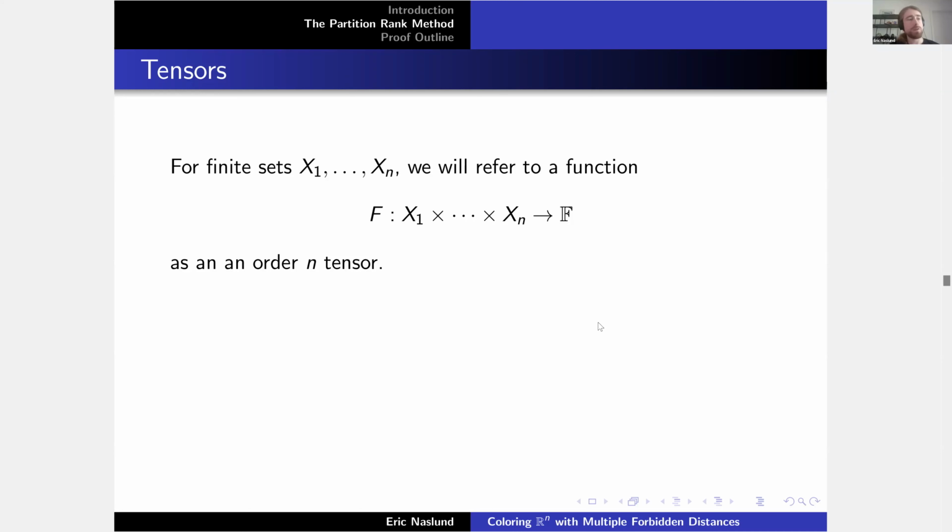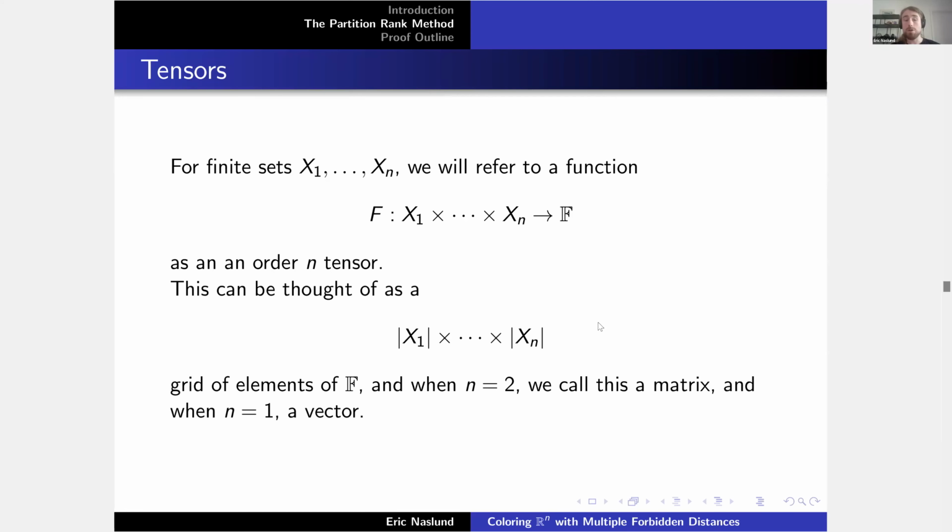People might be used to a definition of a tensor that involves a multilinear form, but these definitions are actually the same if you think of this function f as being like the elements of a matrix. So this can be thought of as, whatever the size of X1 is, up to the size of Xn, a grid of elements of F. When n is 2, we'd call this a matrix, and when n is 1, we'd call it a vector.